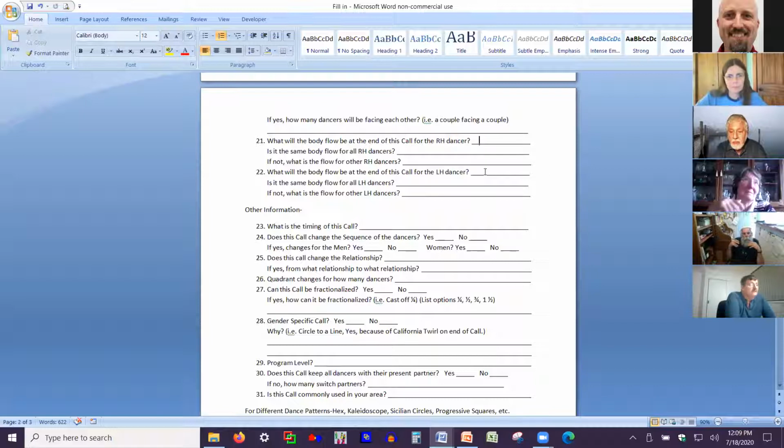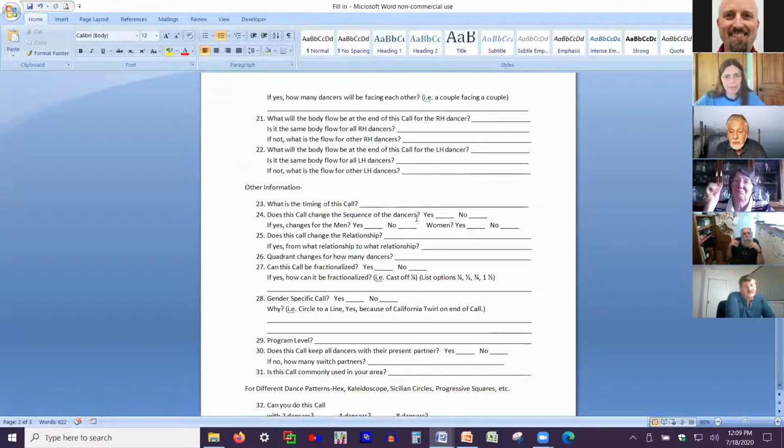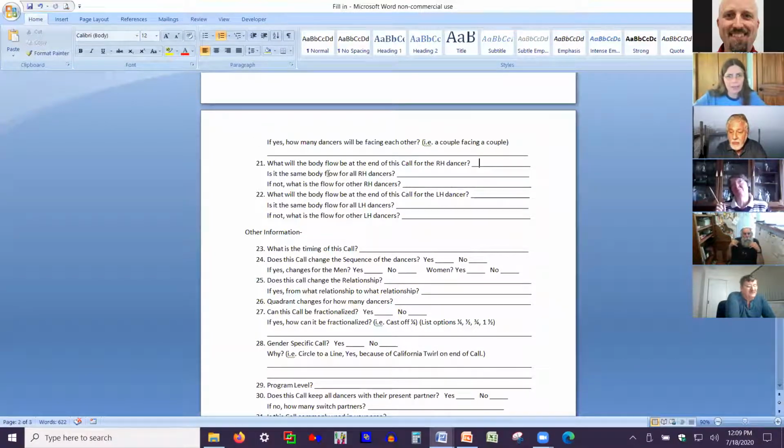That's not applicable. And I say that tongue in cheek, but seriously, because of Dawn's comment earlier, body flow is necessary. Is a right-hand dancer body flow? Is a left-hand dancer body flow? That's not applicable. But looking at what the flow is on that, the ends are static, the centers have a left turning action.